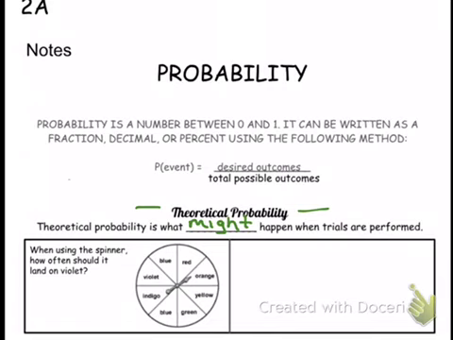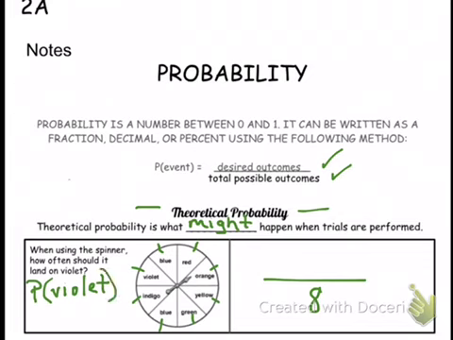Okay, so let's take a look at this, and you can see desired outcomes over total possible outcomes. So let's look at our wheel here. How many possible outcomes do we have? Well, there's 1, 2, 3, 4, 5, 6, 7, 8. Our spinner could land in 8 places. Okay? And then how many violets are there? So the probability of violet, and that's how you would write that.